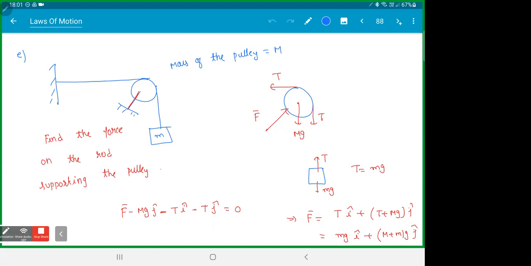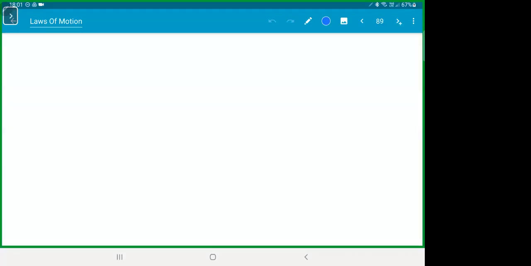So how do you find tension in a string? It's not that difficult. We have already done something like this, but there is some kind of a clarification.